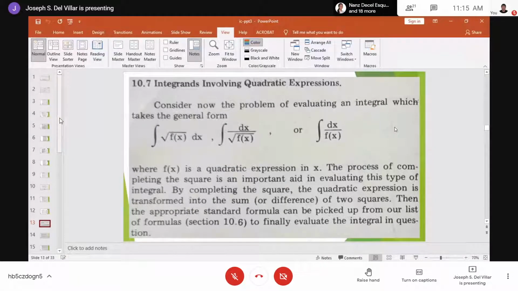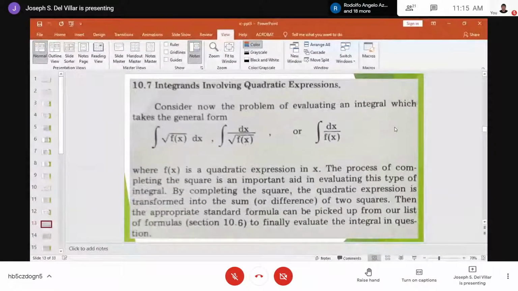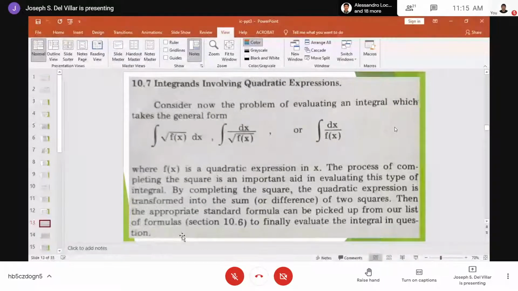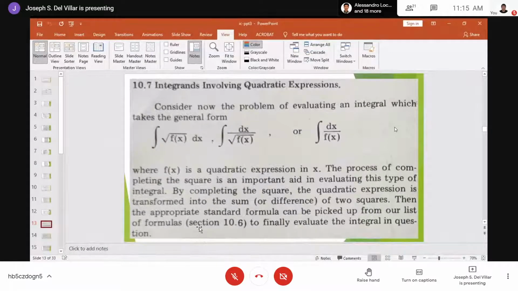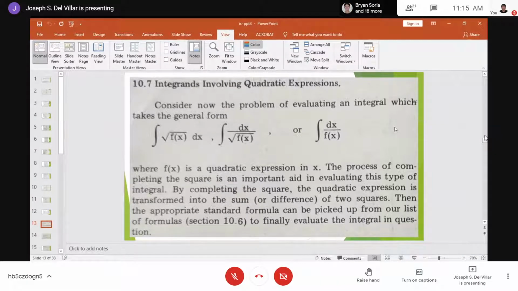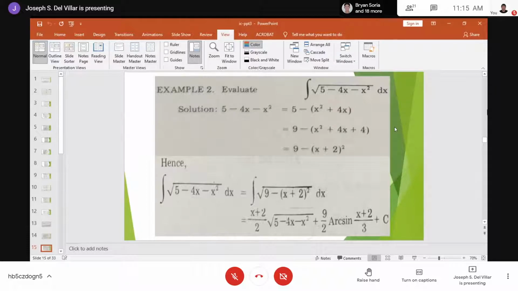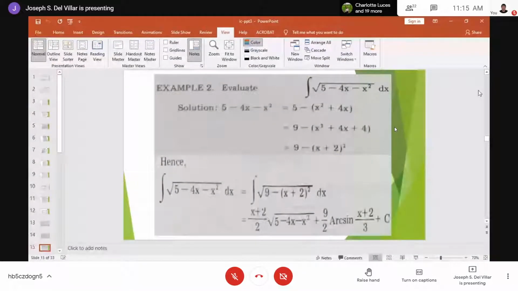Okay, next we have integrands involving quadratic expressions. Okay, we have this one.